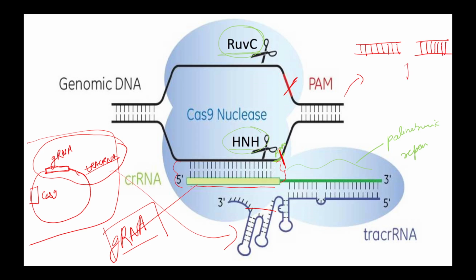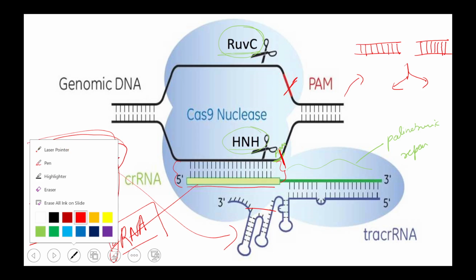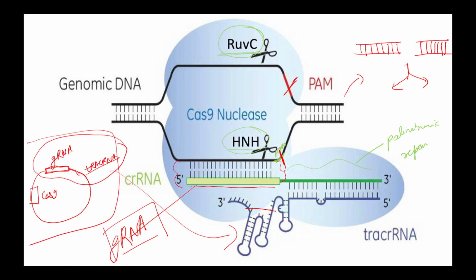Then, followed by the break, you can do any modification that you desire. As we have already discussed, the HR machinery can be utilized here in order to insert any particular sequence which has homology with the broken ends.